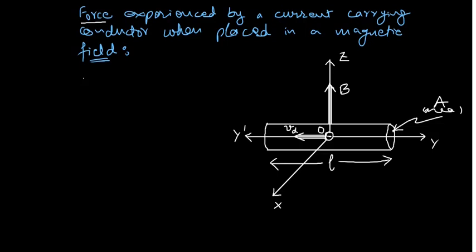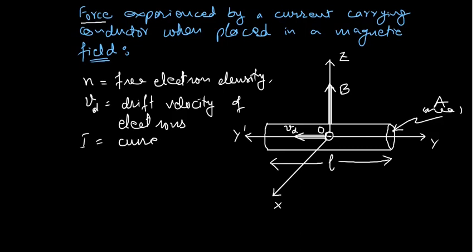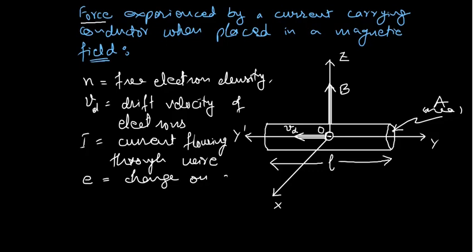Some other factors we will consider here: n is the free electron density, Vd is the drift velocity of electrons, I is the current flowing through the wire, e is the charge on an electron, and the rest of the things I have told you.